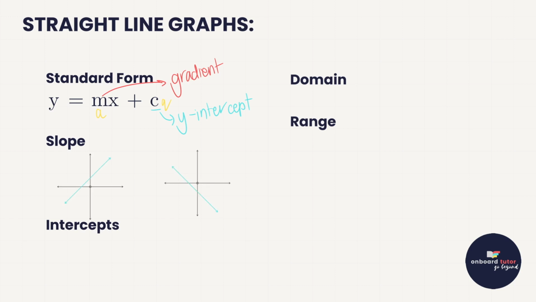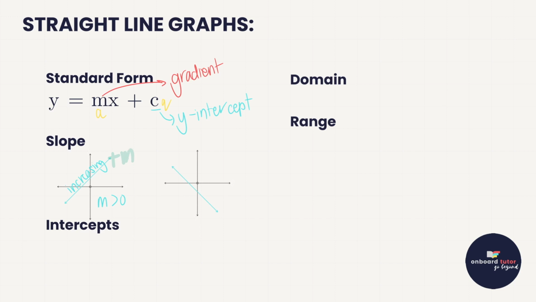If you have a line that is increasing, so in other words, as you travel along the x-axis, you'll notice that the y values are getting bigger and bigger. That's called an increasing slope. And what we need to know about that is that our gradient, so our m value, is bigger than 0, which is just a fancy maths way of saying that we are dealing with a positive gradient.